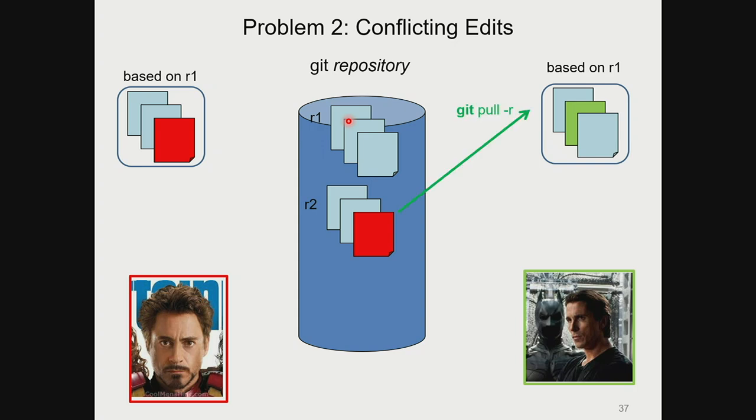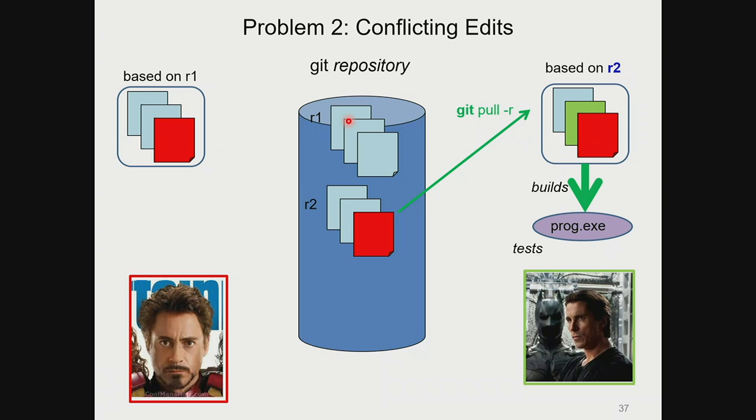Basically, we need to do a git pull. Okay, we need to pull the changes and make sure that our working copy is updated. Once we do that, now Bruce has the red changes from Tony on his working copy, okay? And he tests again, a very important thing. The first thing we do when we pull is try to build the program and test it, make sure that there are no issues.